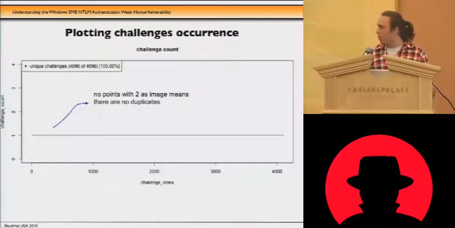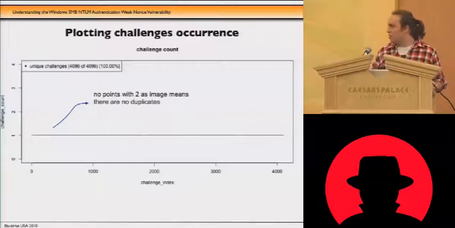So we performed multiple connections to the server and saved all the challenges. We saved a sample of 64K samples, and we tried to plot them. So we counted the number of occurrences of each challenge and plotted it in a graph.